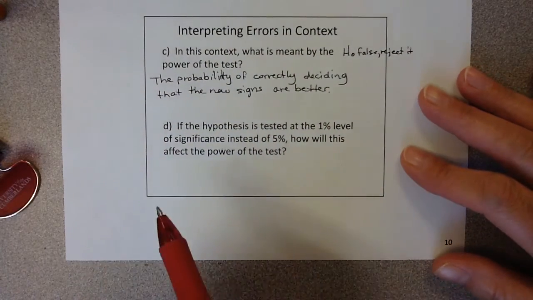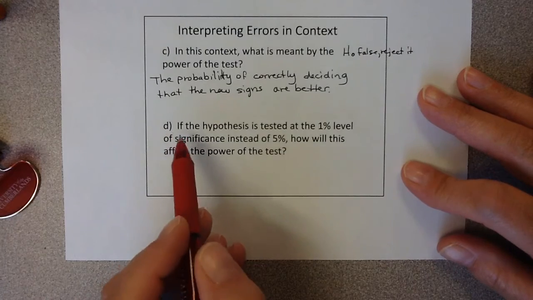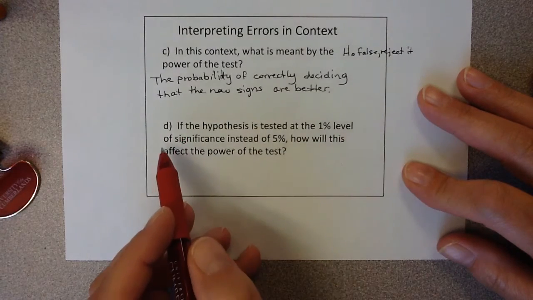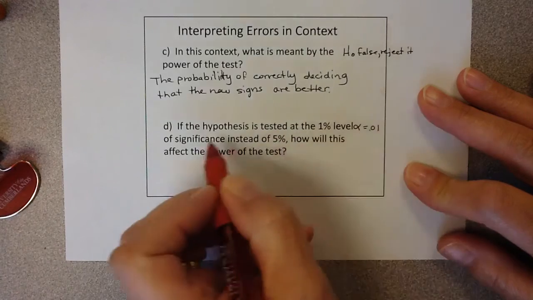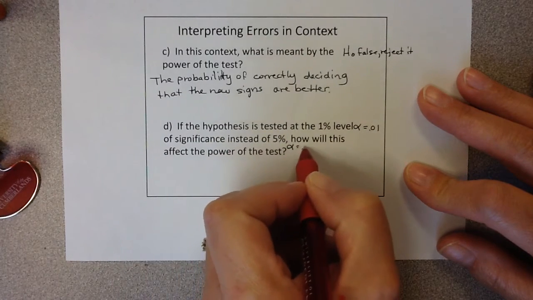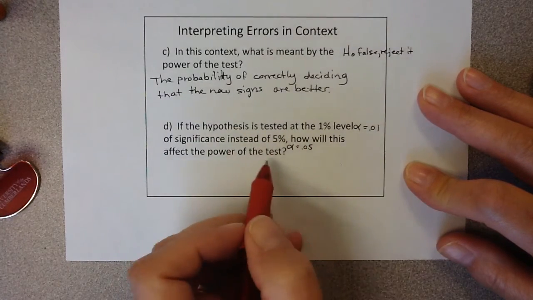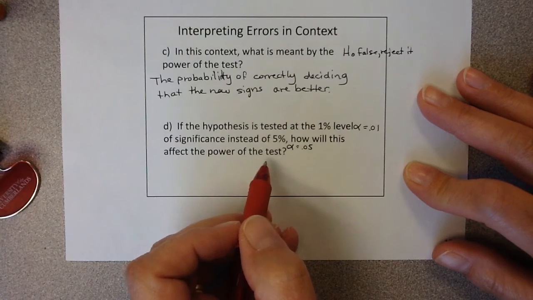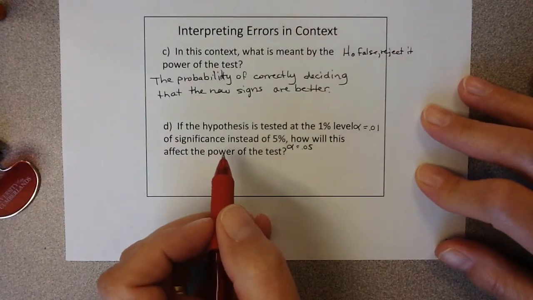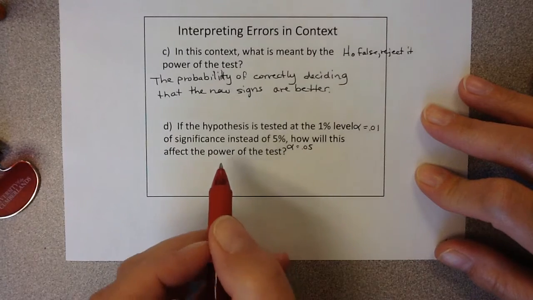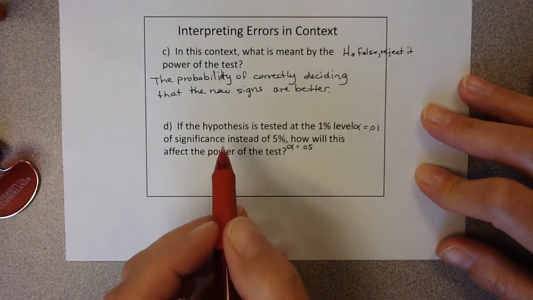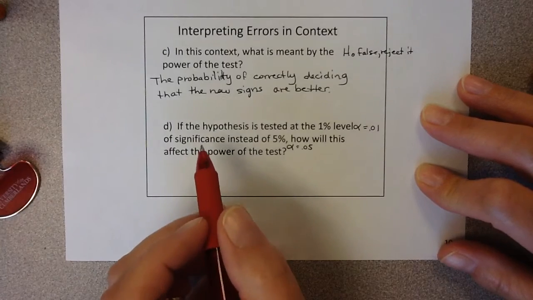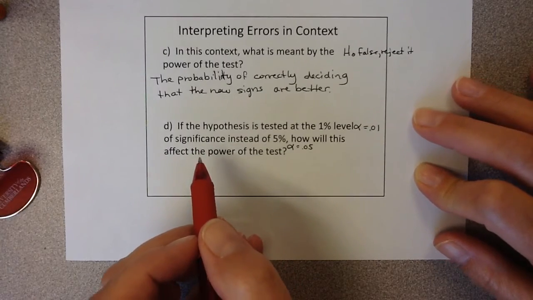Last but not least, if the hypothesis is tested at the 1% level of significance, so that's alpha level of 0.01 instead of an alpha level of 0.05, how will it affect the power? So if I go back to the pictures, power is what I get when I correctly diagnose a false hypothesis, correctly reject a false hypothesis.